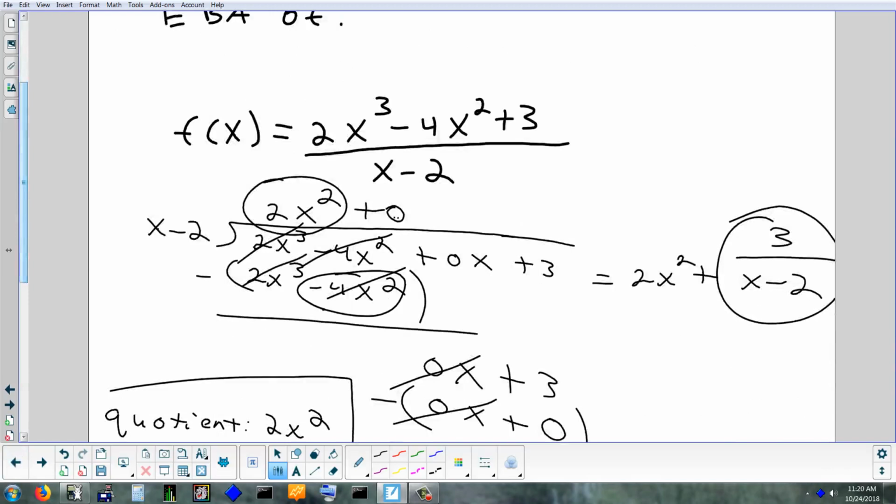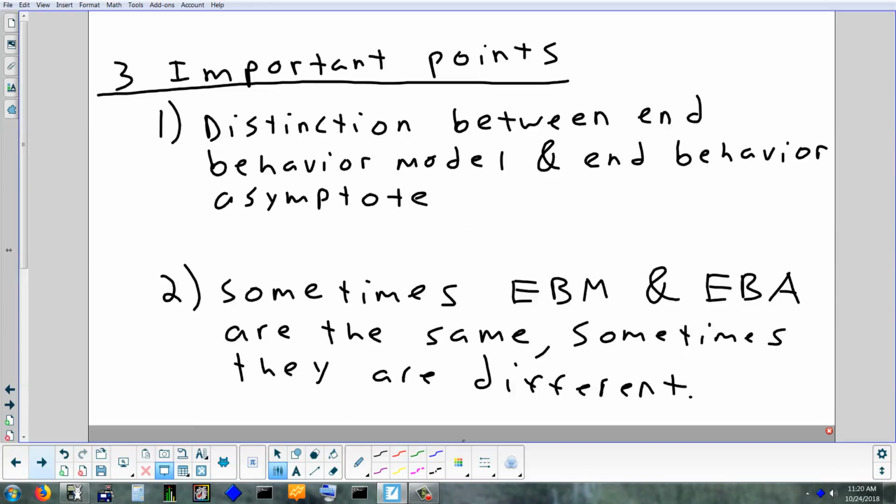Still would have had a remainder, which wouldn't have mattered. But I might have gotten an x term, and I might even have gotten a constant. So it might have been like 2x squared plus 3x plus 6. But because of that double canceling, and the fact that this term was also a 0, a lot of things lined up just right to make the long division come out exactly the same as the end behavior model. So that doesn't always happen.